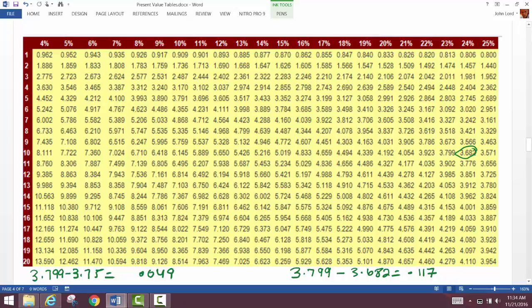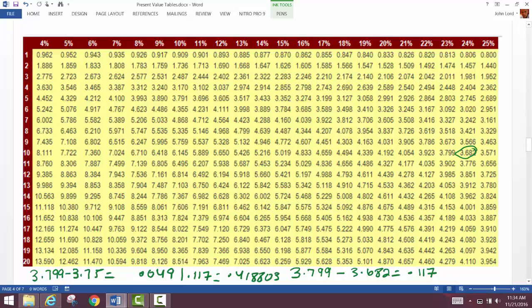And so what happens? If you divide 0.049 by 0.117, that gives me a number of approximately 0.41883.